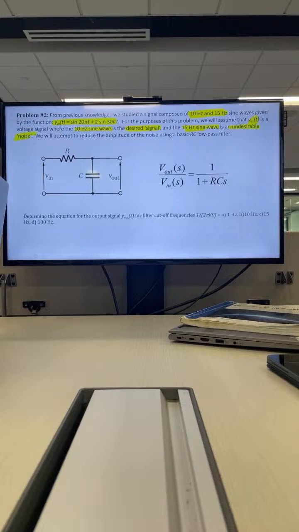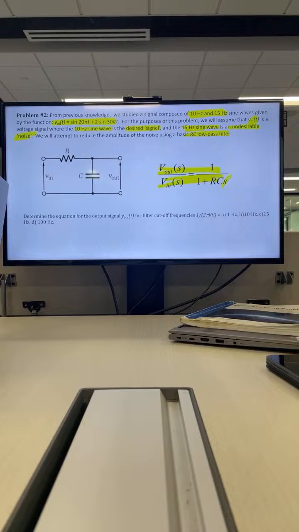Now let us try to reduce the amplitude of the noise using a basic low pass RC filter. The transfer function is given by V out by Vs, that is 1 by 1 plus RCS, where S is the complex number j omega.